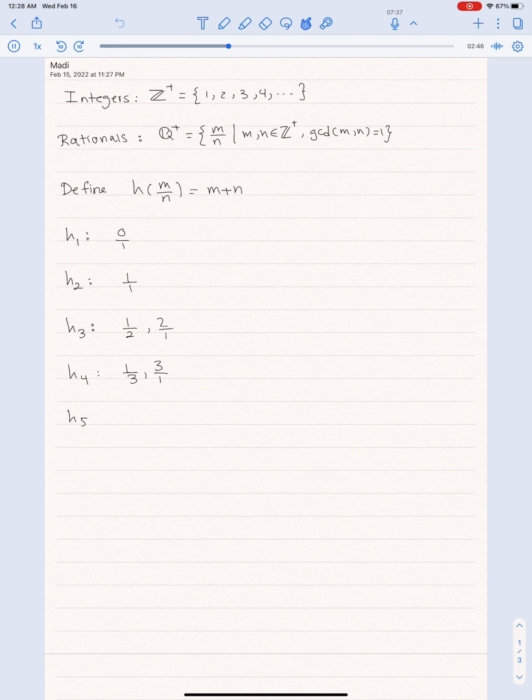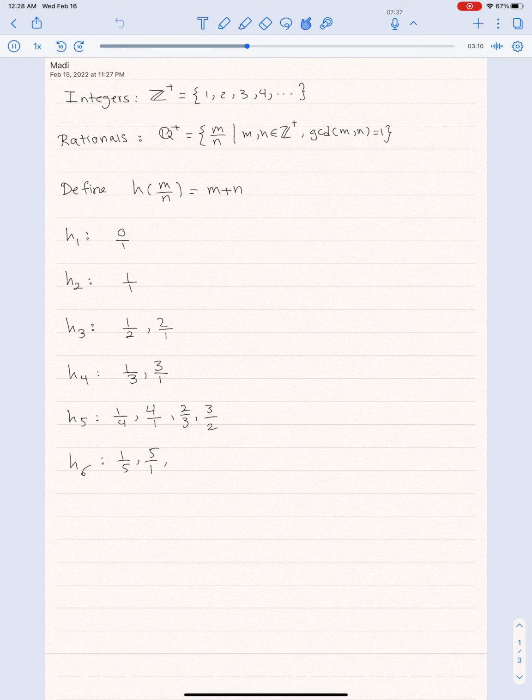A couple more heights. Numbers that have height 5: 1 over 4, 4 over 1, and then we have 2 over 3 and 3 over 2. That should be about it. And let's just do 6: 1 over 5, 5 over 1.